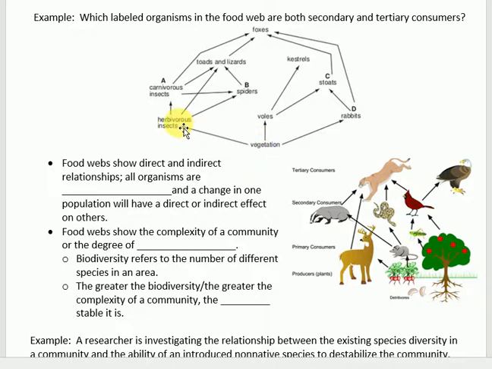So then we would have a secondary consumer. So we could go here to the spiders. And if we keep going, this would be a secondary consumer, and that would make that a tertiary. So spiders would be one example of a secondary and tertiary consumer, as well as so could the toads and lizards.